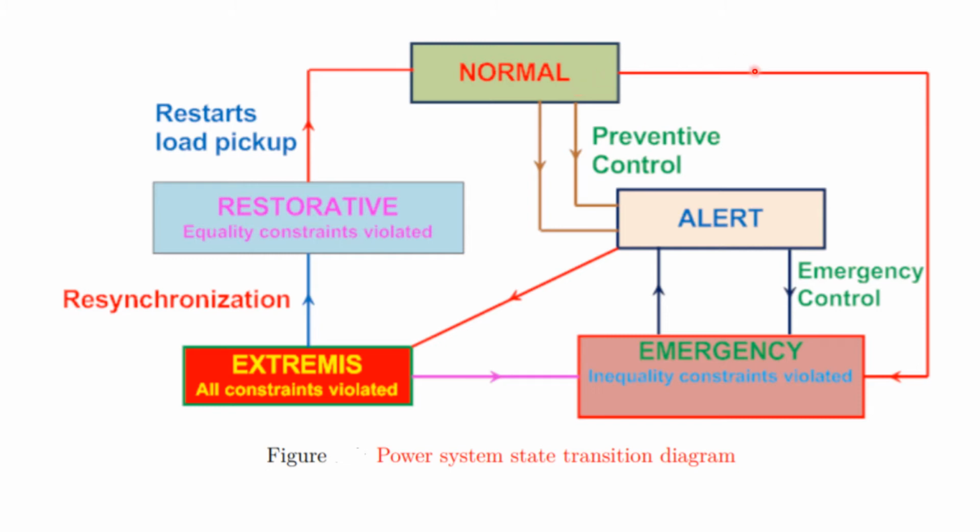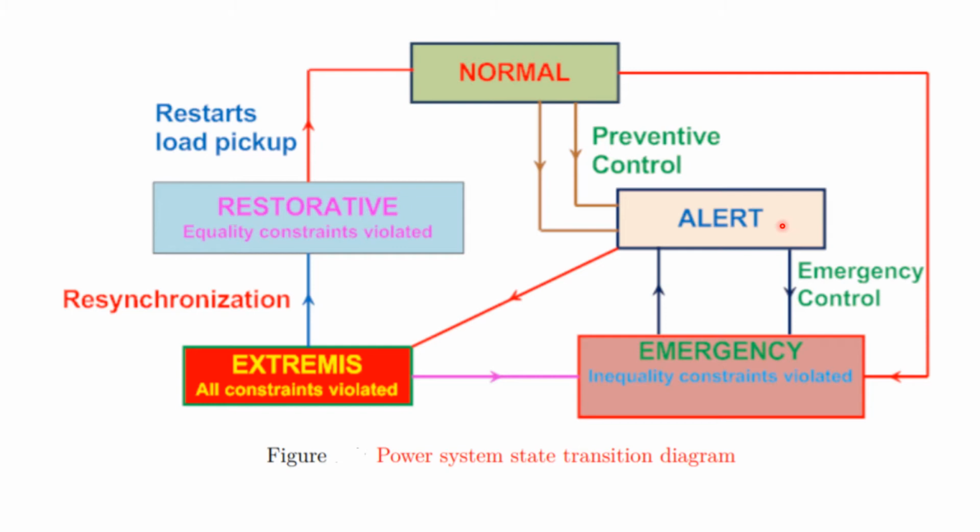In the case of the second type, alert: if any fault occurs, your system goes to alert state. That means the constraint limits are violated. If the security level of the system falls below a certain level, or the probability of disturbance occurrence increases, we say the system is in alert state.